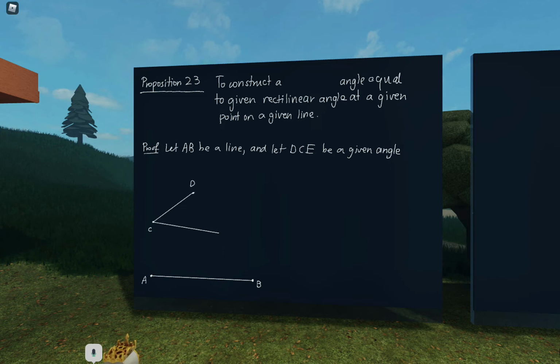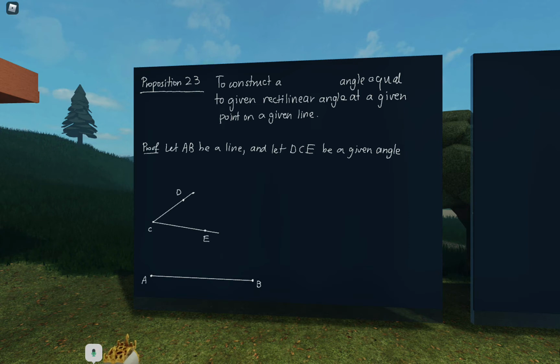DCE. Well, okay. So really what we're given is this thing, right? We're given this angle where these two lines meet at C. And so it says, introduce points D and E on those lines.